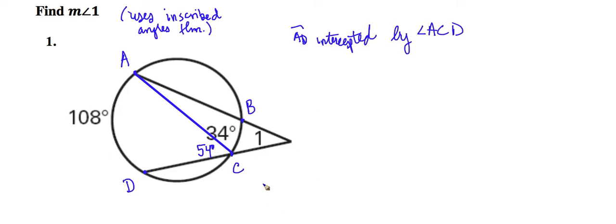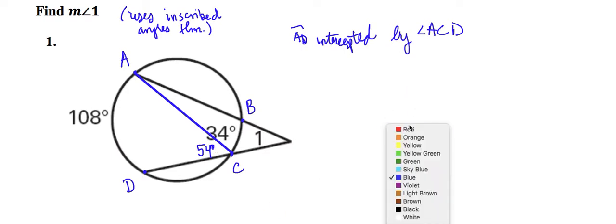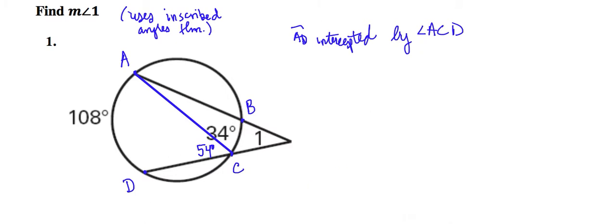Okay? And using a similar reasoning, we can also see that we have an arc right here that's 34 degrees, and that's intercepted by this angle up here.